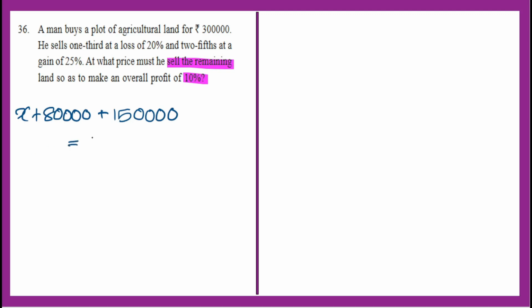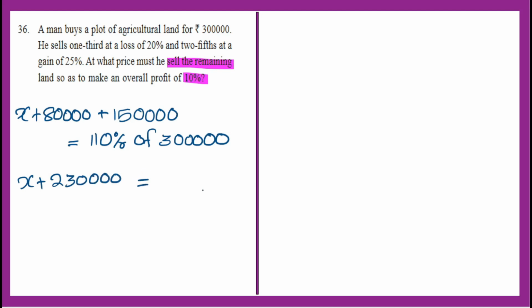Therefore, 110% of 3 lakh. That's X plus 2,30,000 equals 3,30,000. Then we got X as 1 lakh.